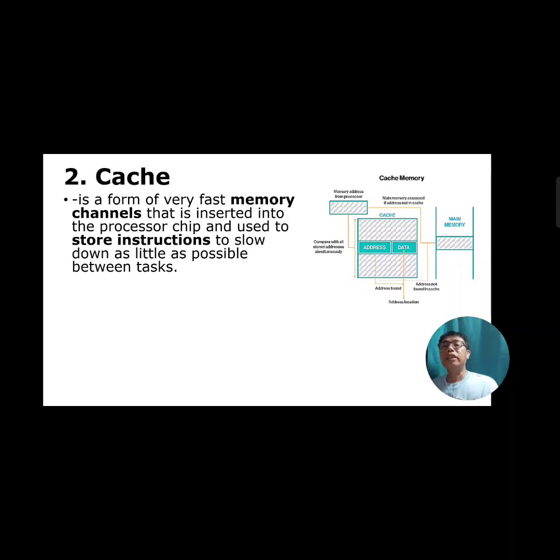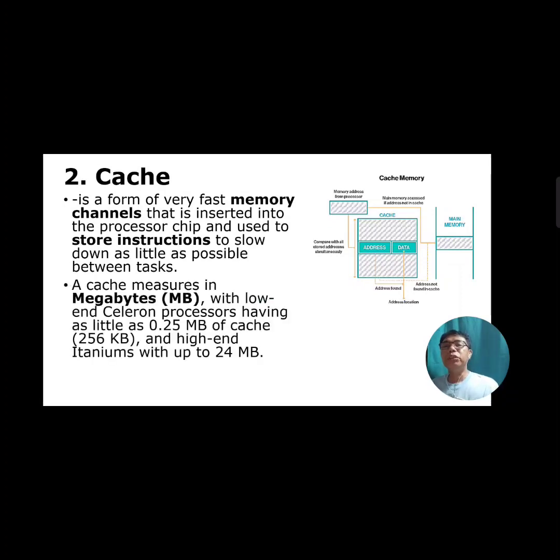Okay, so that is an example of a cache. A cache is measured in megabytes or MB, with low-end Celeron processors having as little as 0.25 MB of cache or 256 KB. The high-end Itaniums with up to 24 MB.